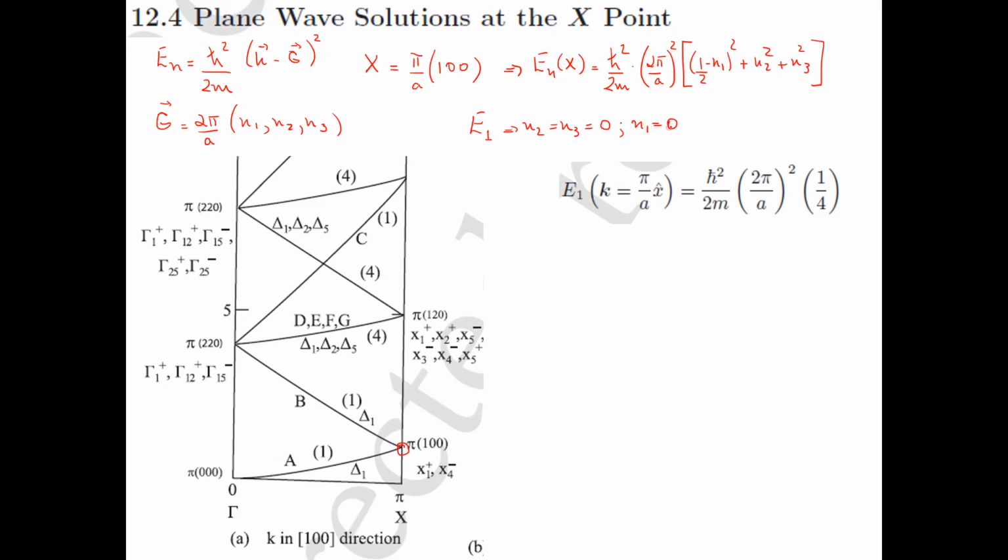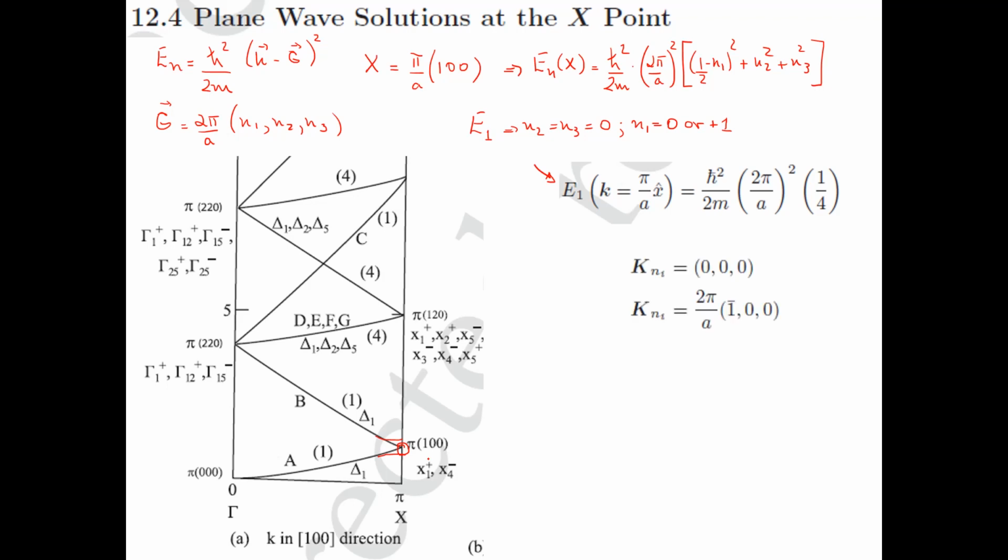In both of these cases this gives me the energy level h bar squared over 2m, 2 pi over a squared, times 1/4. This is the case we discussed last time, and this degeneracy is broken into two non-degenerate states.